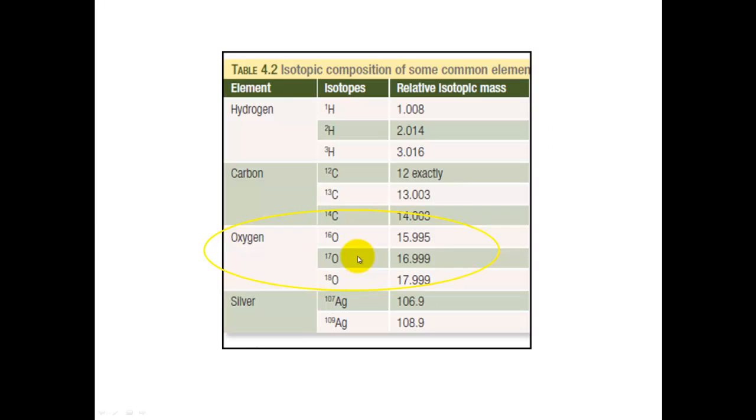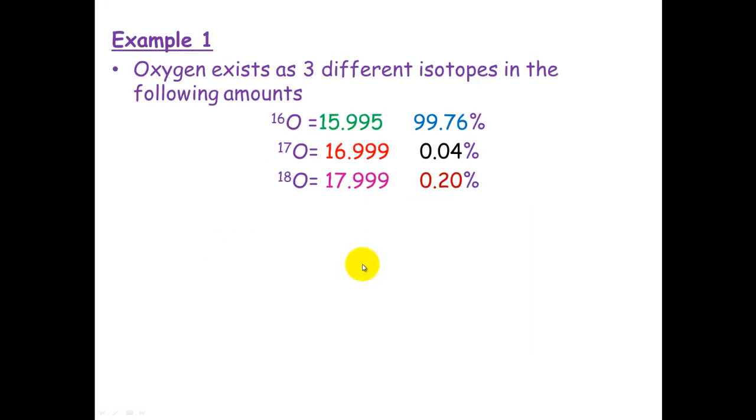Oxygen has 3 naturally occurring isotopes, 16, 17, 18, and these are the exact relative isotopic masses of those isotopes. We need to consider the abundance of these in nature. So which one of these occurs more? If we have a look here, oxygen 16, 99.76, so the majority of oxygen is this particular isotope, isotope 16.